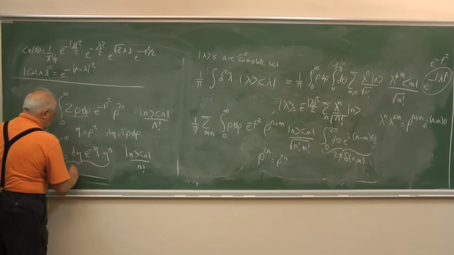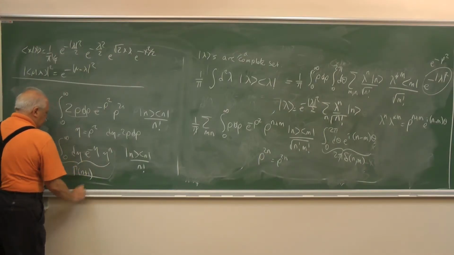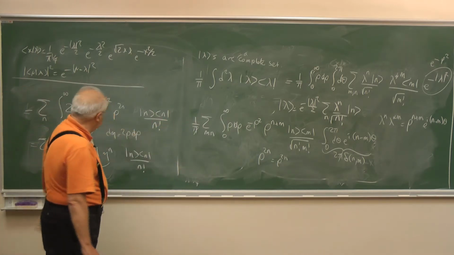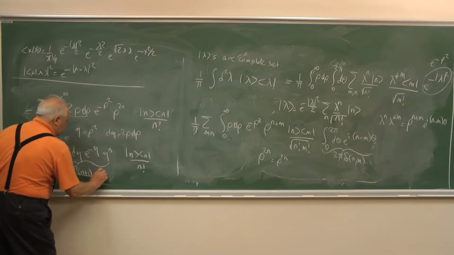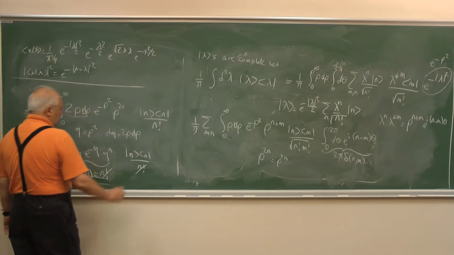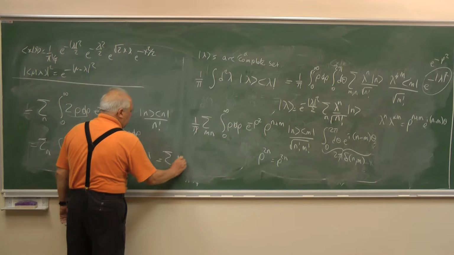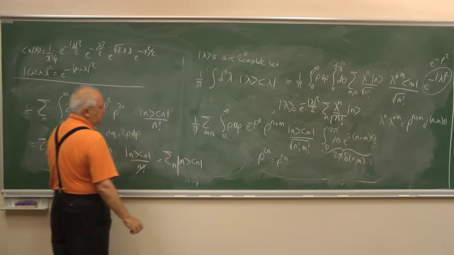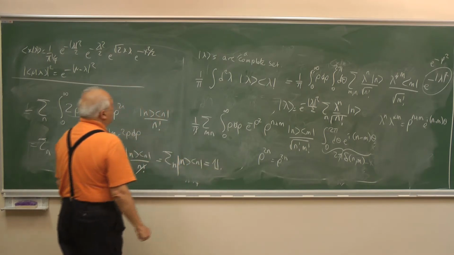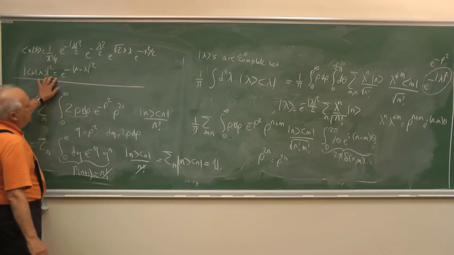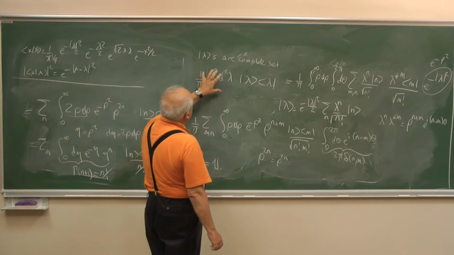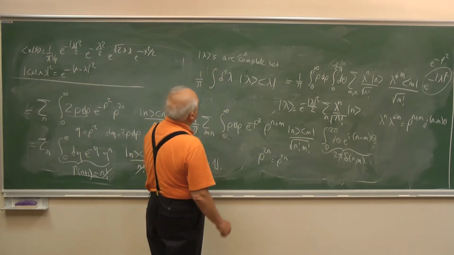This is the gamma function at n plus 1. And when n is integer, and here it's an integer because the sum is running over the integers, it is n factorial. So n factorial cancels that. So we are left with sum over n, and the oscillator states are complete. That's equal to 1. So despite this non-orthogonality, the coherent states, lambda, are complete.